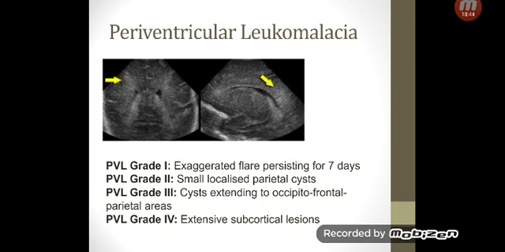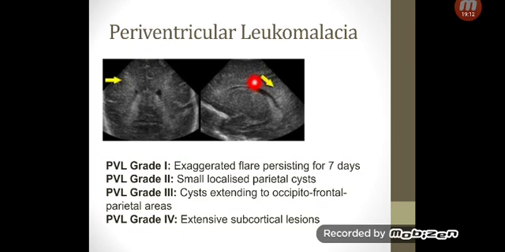And then the next thing is PVL, or Periventricular Leukomalacia, where I think you guys need to get a bit focused here, because this is where it gets a bit tricky. So what is PVL? It's basically malacia, or weakness, from ischemia in the watershed areas.